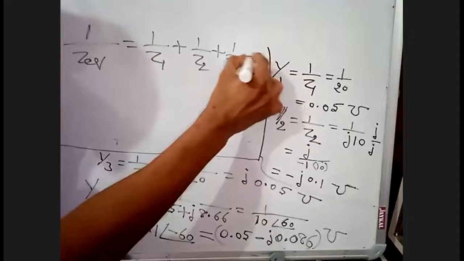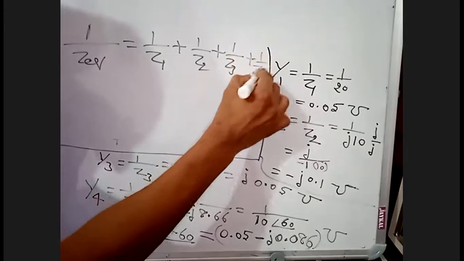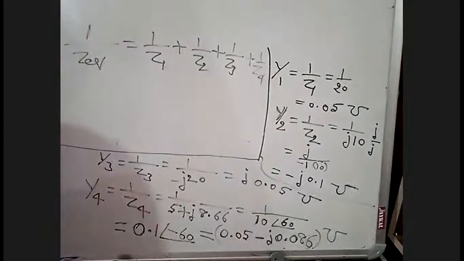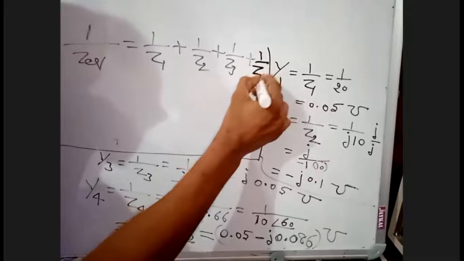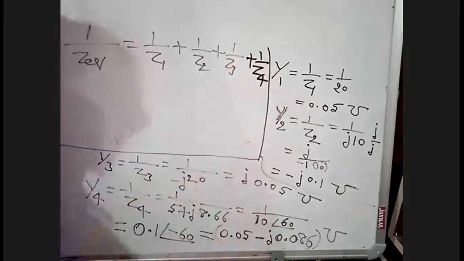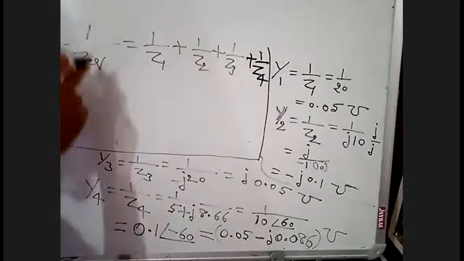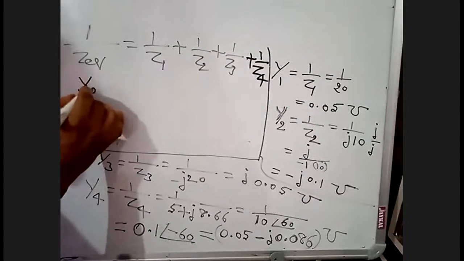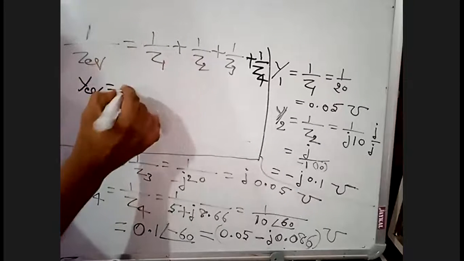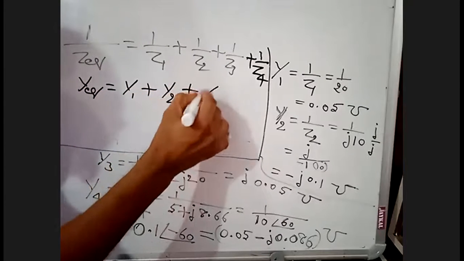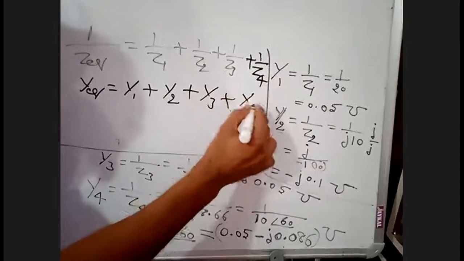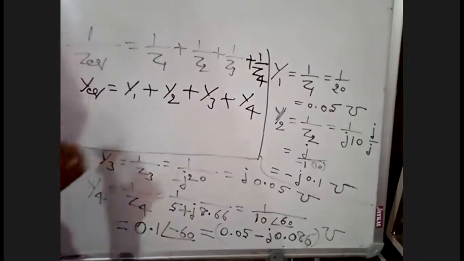Four branches are there. 1 by Z4. 1 by Z1 is Y1, 1 by Z4 is Y4.